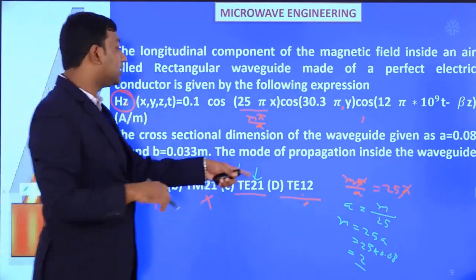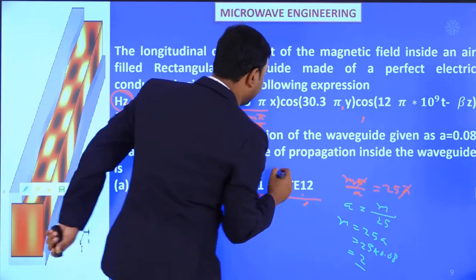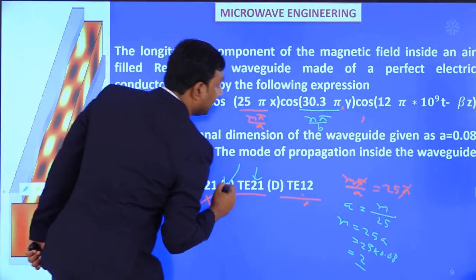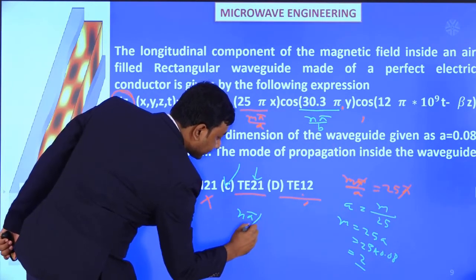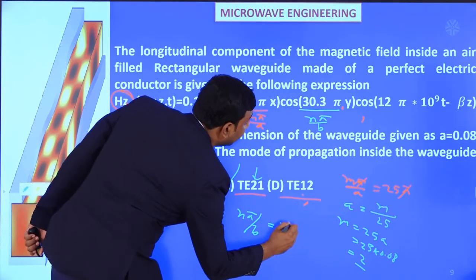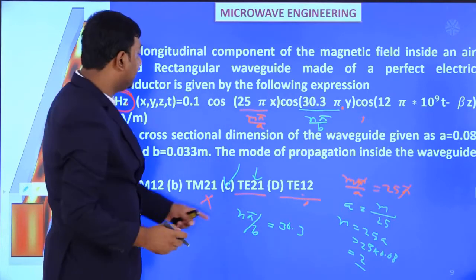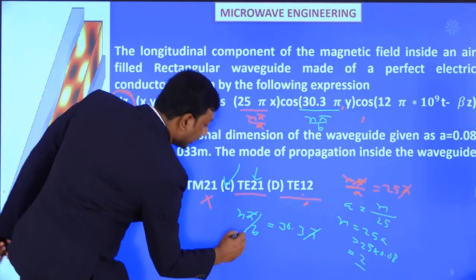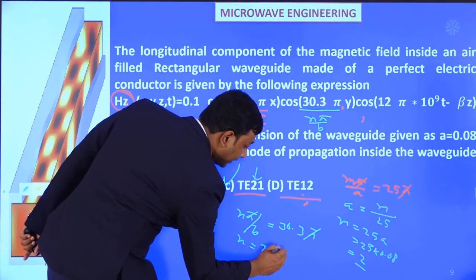Okay. In another way also we can find out the value of n pi by B. So n pi by B is 30.3 pi. Okay. So pi gets cancelled. So n will be 30.3 into B value.